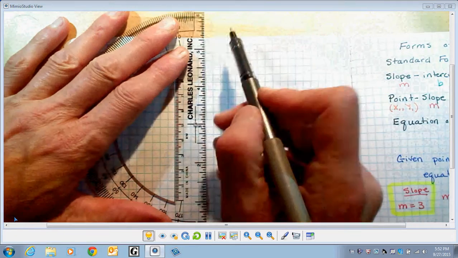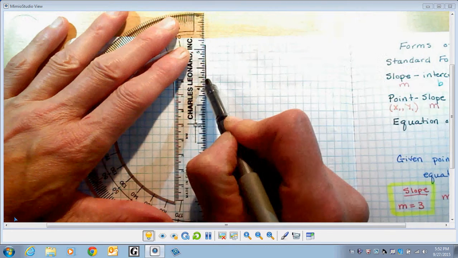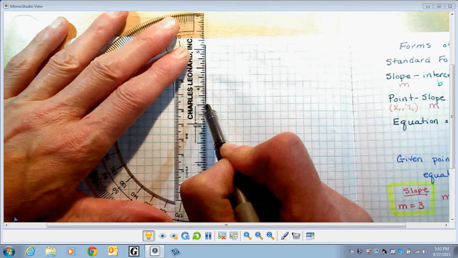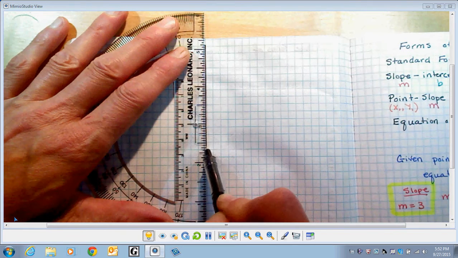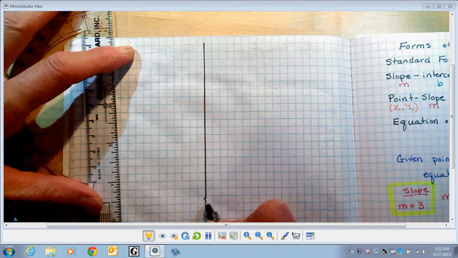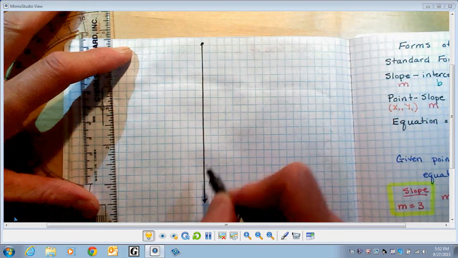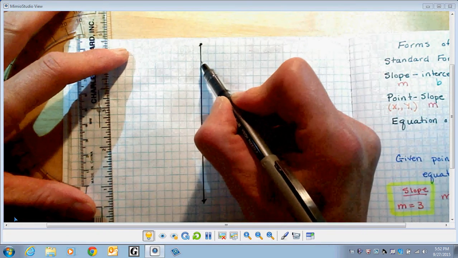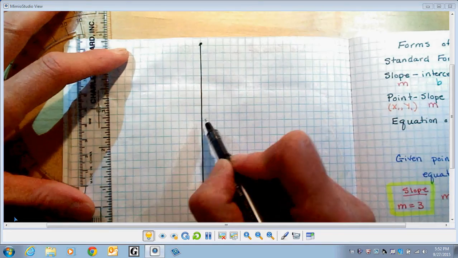So I'm going to have 10 up, so that's 10, 9, 8, 7, 6, 5, 4, 3, 2, 1, 0. 1, 2, 3, 4, 5, 6, 7, 8, 9, 10. And because my y-axis goes forever, let me find where that 0 is. So this is 10, 9, 8, 7, 6, 5, 4, 3, 2, 1, 0.